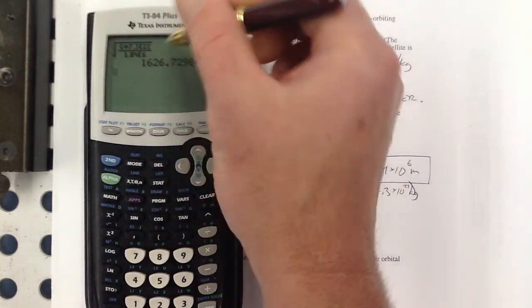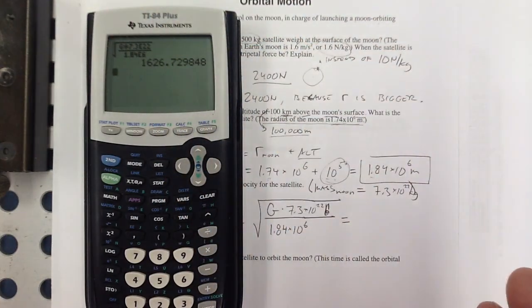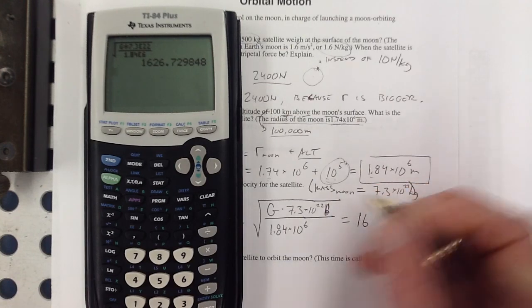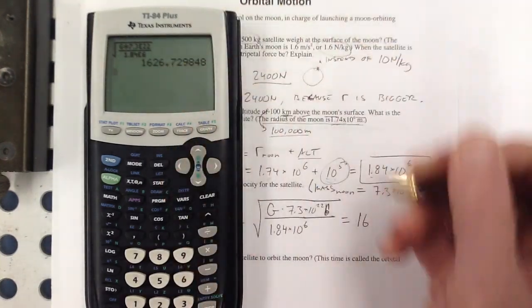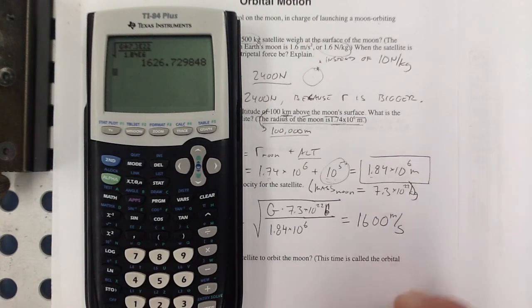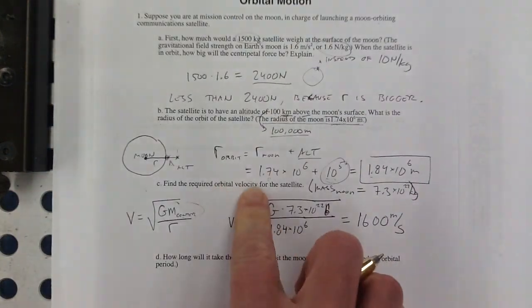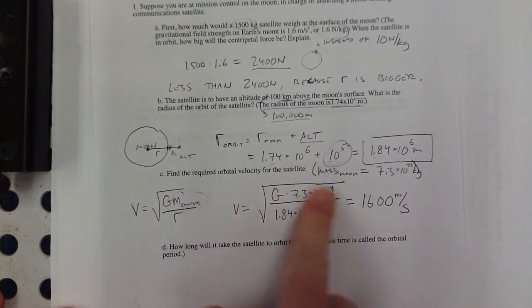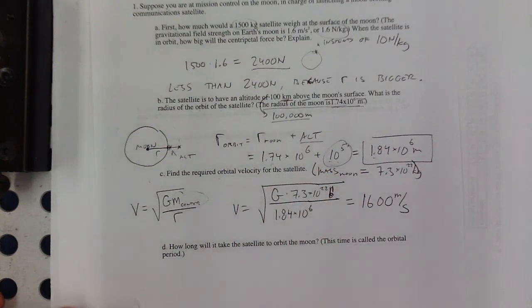If I do all of that right, remember, what are we finding here? I used 2 sig figs here, so I think I'm just going to round that to 2 sig figs. That's good enough. This is the orbital speed of our satellite. And since we did SI units here, that comes out in SI units. Great.